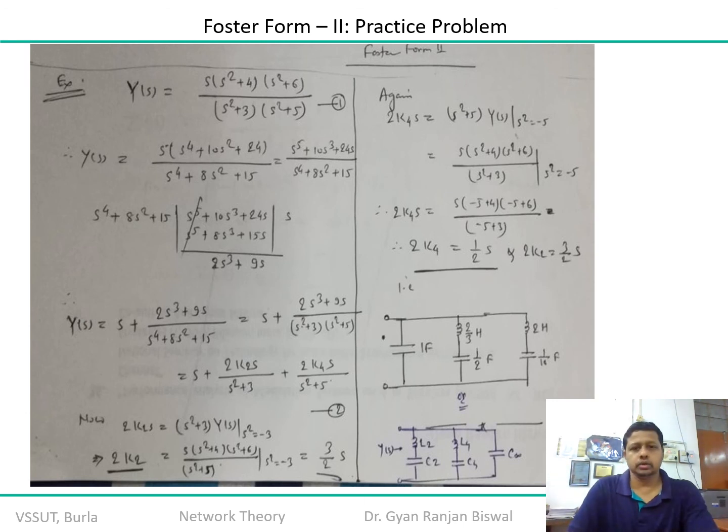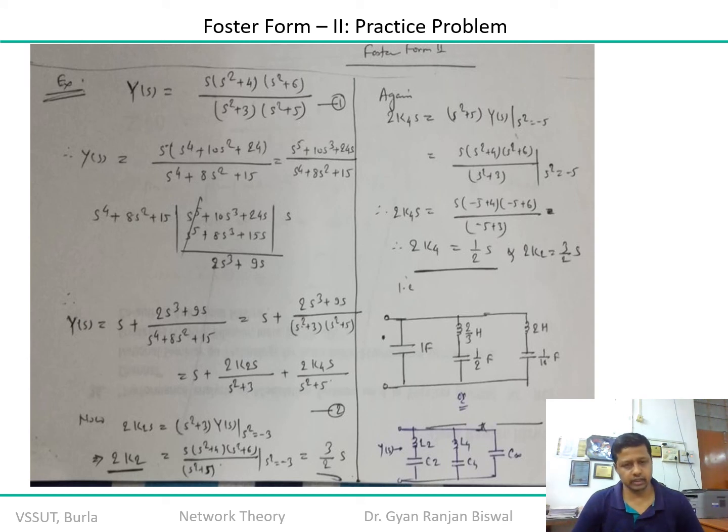Realize the network. So if you see the transfer function in terms of the admittance function, and if you apply the first form 2, your Y of s is first simplified as s plus Y2, that is Y1 of s. So Y1 of s is equal to s plus Y2, whereas Y2 is equal to (2s cube plus 9s) upon (s raised to 4 plus 8s square plus 15). So if you simplify this as projected in equation number 2, as per my solution, you are getting s plus 2k2s upon (s square plus 3) plus 2k4s upon (s square plus 5).